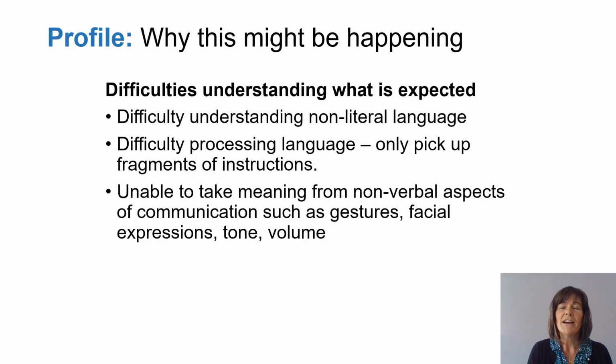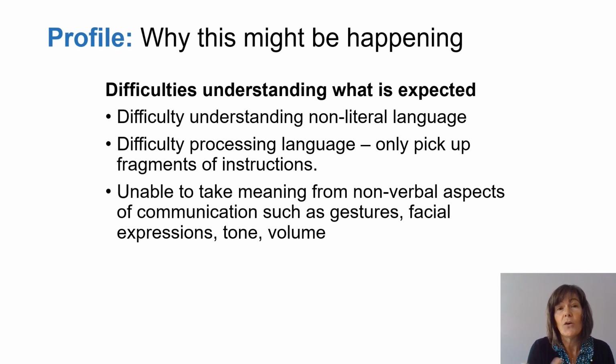So let's look at our second P, the profile. Why is your child behaving like they are? Could it be that they have a receptive language difficulty? That is, are they struggling to understand what is being said to them? Are they struggling to understand the language that is being used?